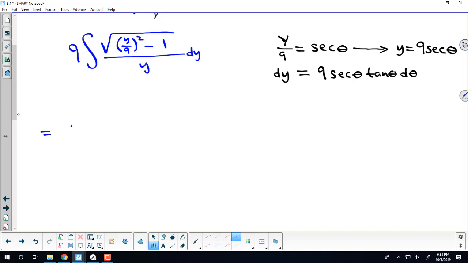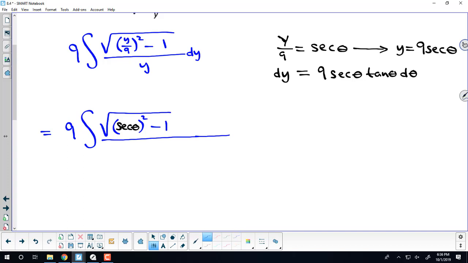So we have still the 9 out front. Our square root then here is secant theta squared minus 1, over y, which was 9 secant theta. And all of that times dy, which was 9 secant tangent.